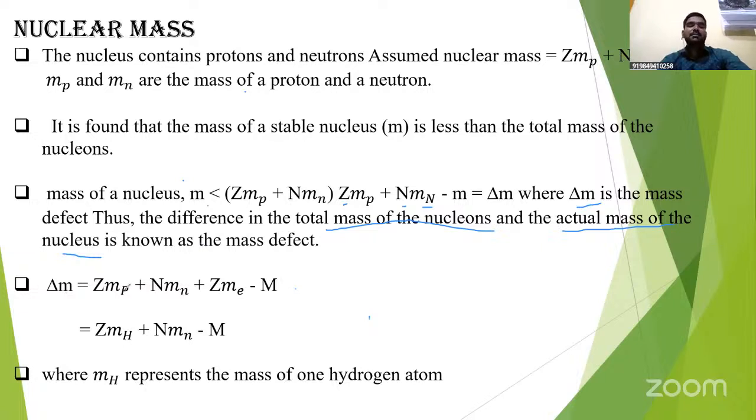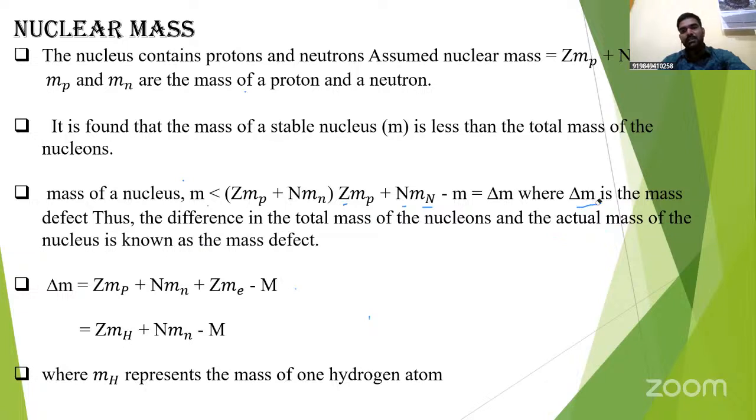It is given by ZMP, the number of protons into mass of the proton, plus the number of neutrons into mass of the neutron, plus the number of protons into mass of the electron, minus M. Here MH represents the mass of the hydrogen atom, and capital M is the nucleus mass.